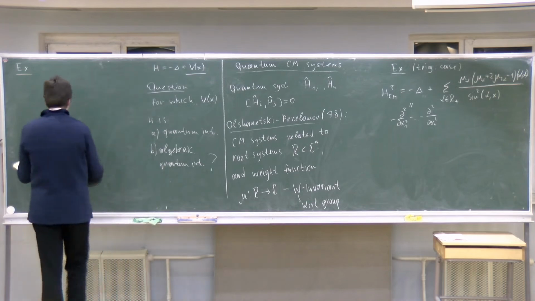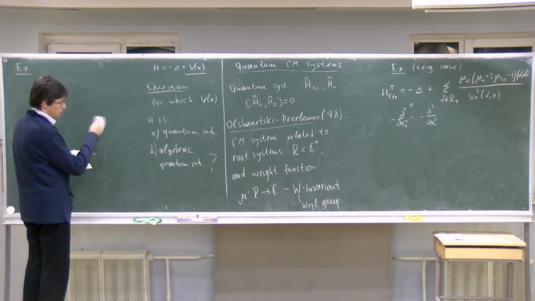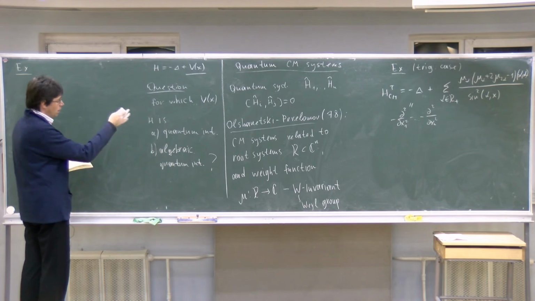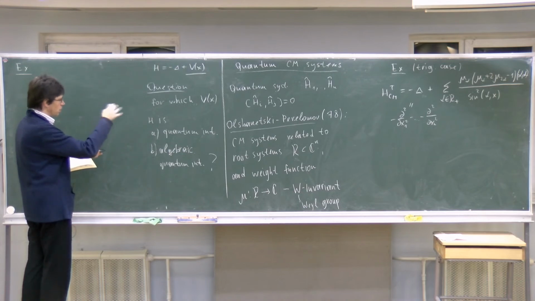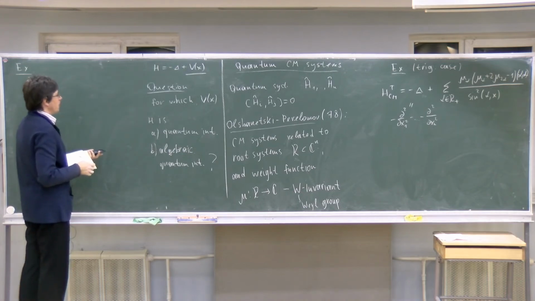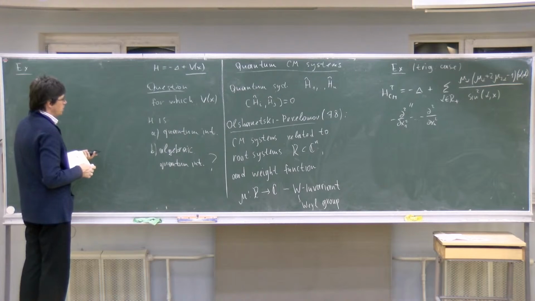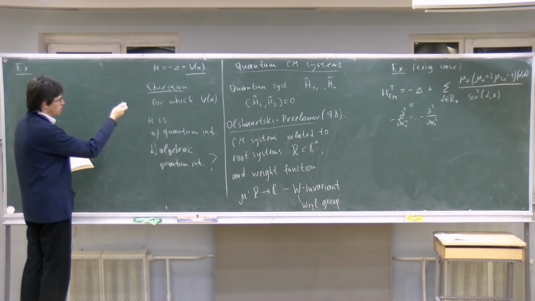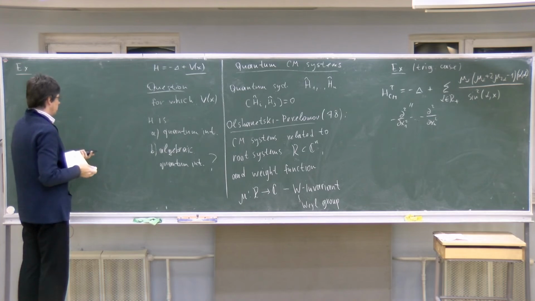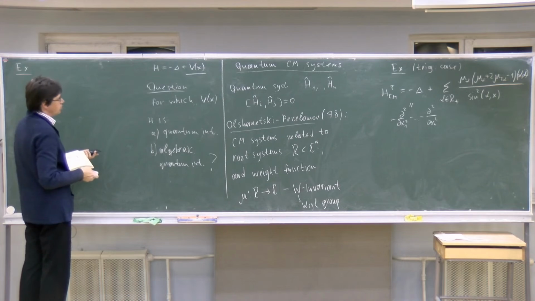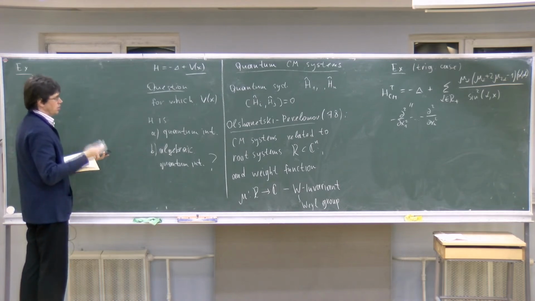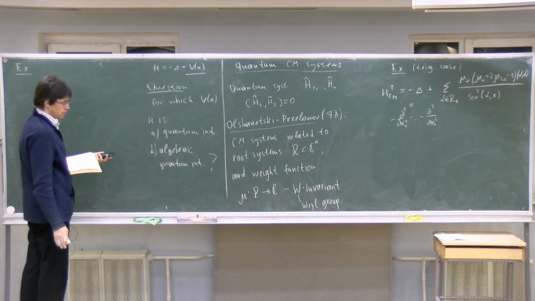Well, let me explain the second example, the trigonometric case. In my lecture today, I will give certain examples of these algebraically or even quantum integrable systems, and then I will explain which questions are interesting for me, and how we could look at these quantum integrable systems from a new point of view, from the point of view of classification theory of commuting operators.